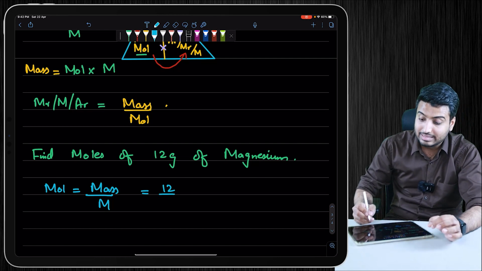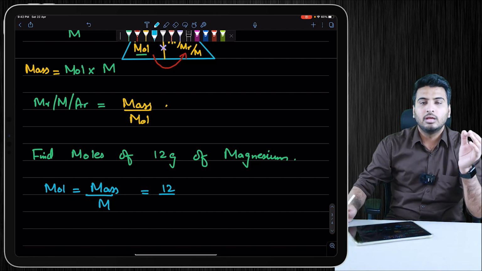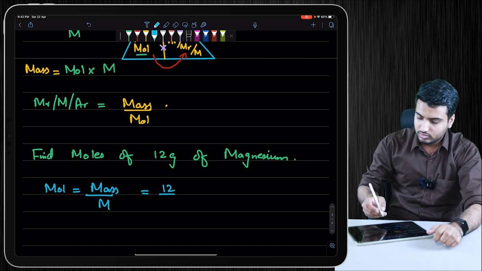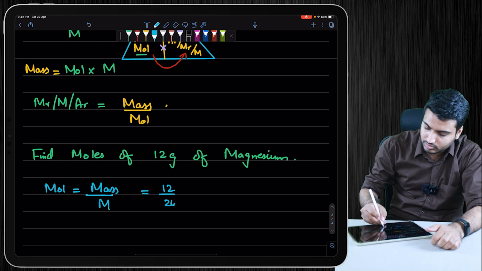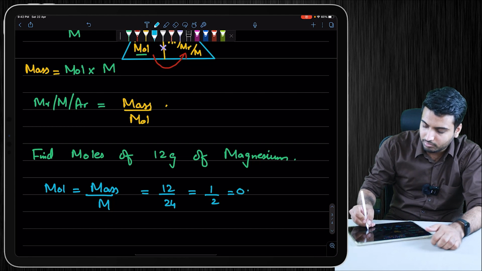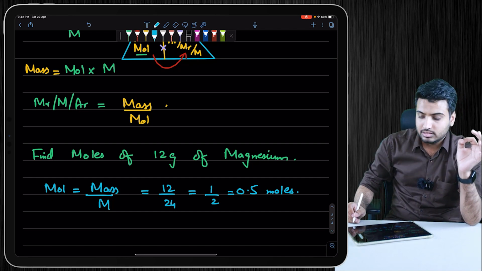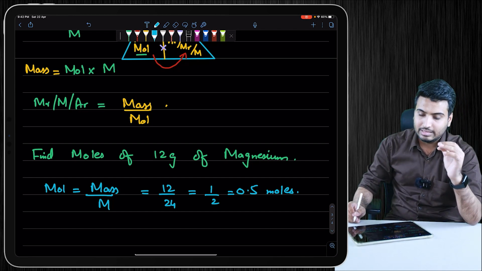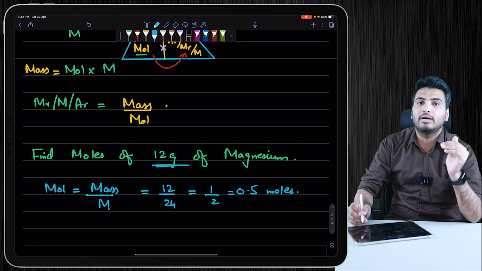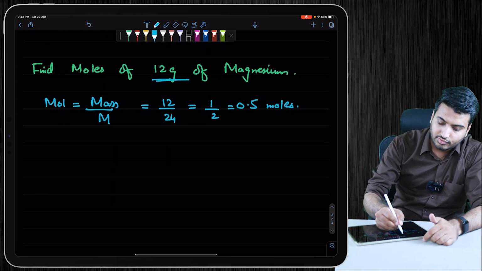If we don't know the molar mass, we can simply check the periodic table, according to which the mass of magnesium is 24. So 12 divided by 24 is 1 by 2, which is 0.5 moles. It means the moles of magnesium is 0.5 moles. So we simply take the mass given in the question and divide it by molar mass, and we obtain the answer.